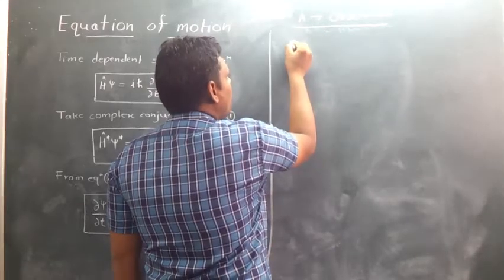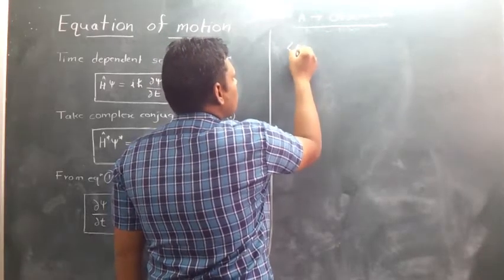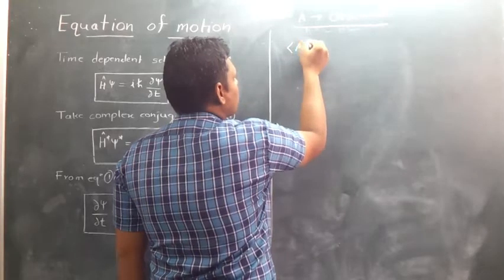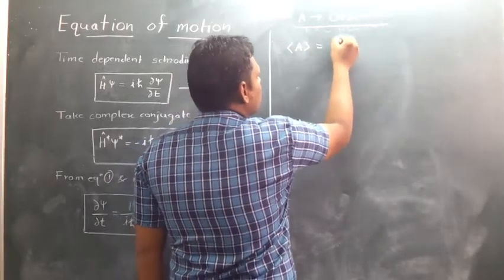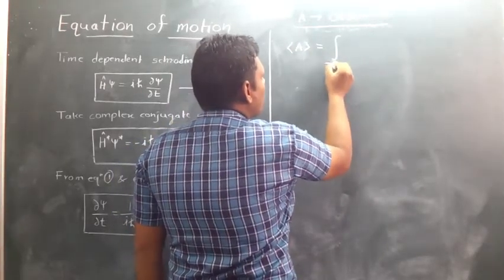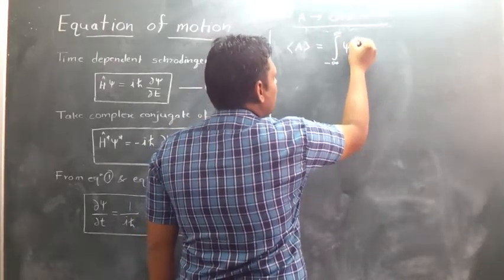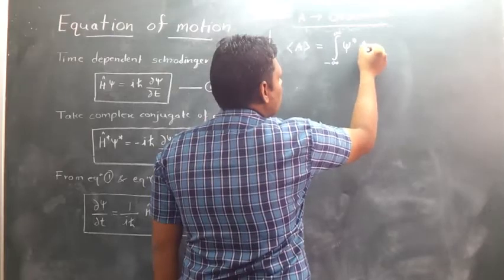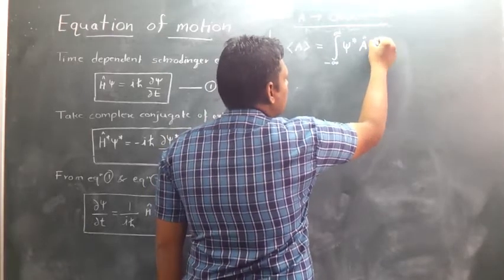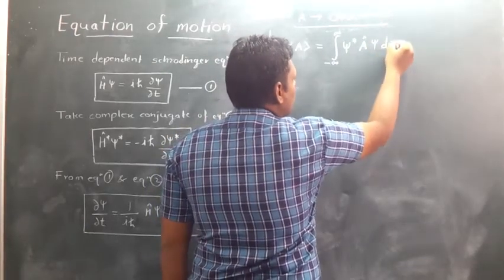So how can I write this? I can write it as the integration from minus infinity to plus infinity of psi star A cap psi d tau.